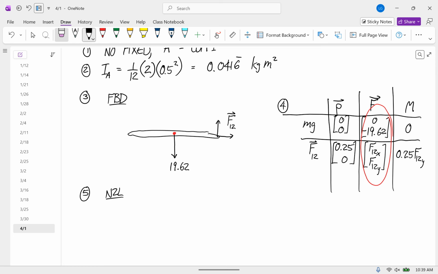Okay, so 0, negative 19.62 plus F12x, F12y is equal to the mass of 1 times the acceleration of the center of mass.